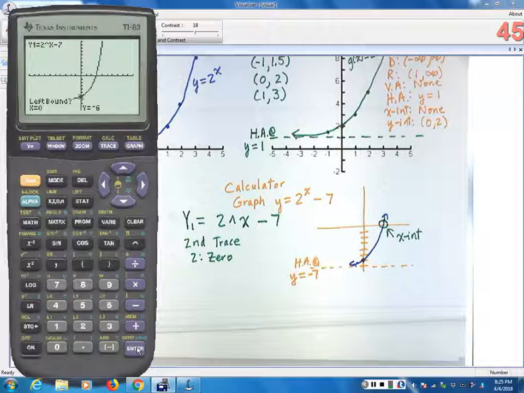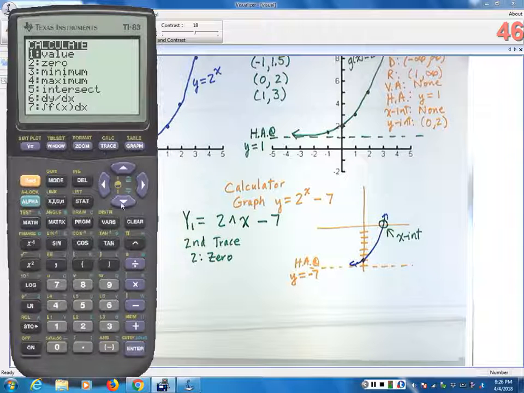If your window's wrong, you can just choose Zoom 6. So we see that there's an x-intercept here. Oh, I need to do it again. Second trace 0.